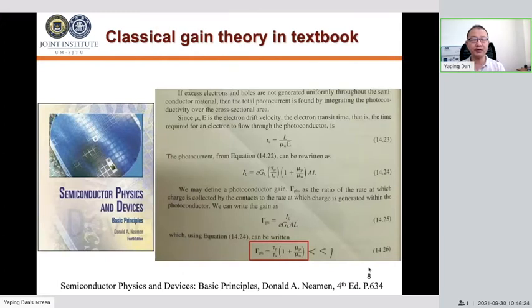So this theory is written in textbooks. For example, in Semiconductor Physics and Devices: Basic Principles by Donald Neamen, first edition, page 634, this equation is written. This equation is exactly what we derived.